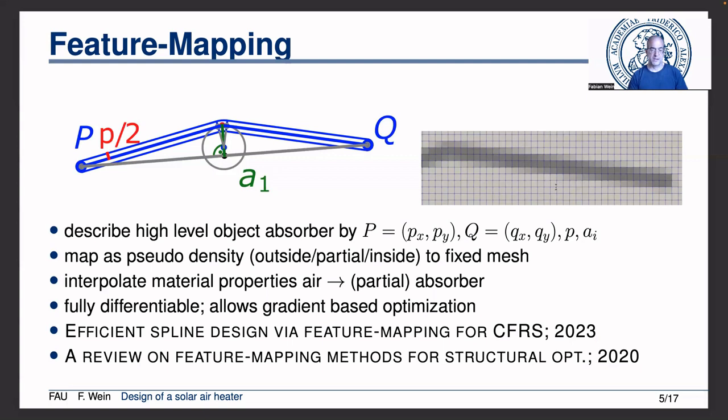That means we can do fully gradient-based optimization. The details for this special object, we call it a spaghetti object, can be found in a recent publication by us, but also in a review paper about feature mapping methods for structural optimization, which is probably the best starting point for feature mapping.